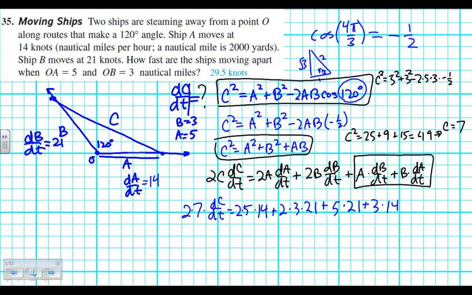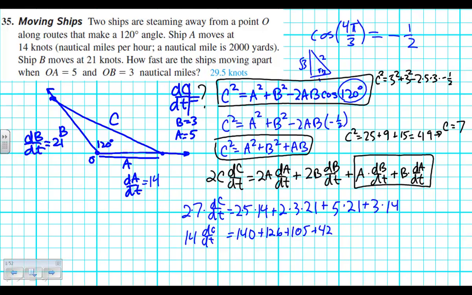Okay, 2 times 5 is 10 times 14 is 140. 6 times 21 is 126. 5 times 21 is 105. 3 times 14 is 42. 2 times 7 is 14.